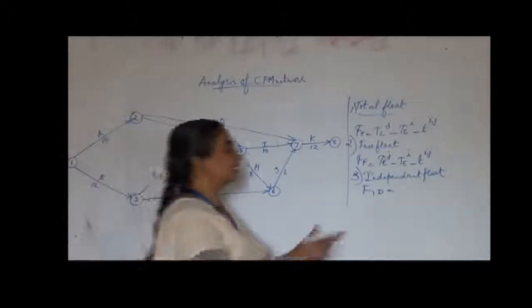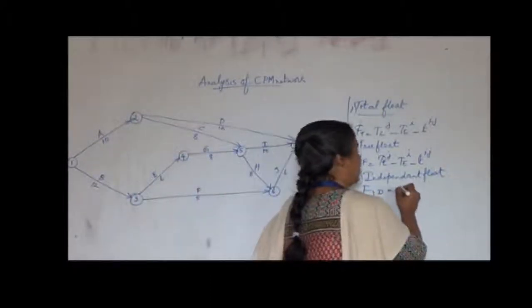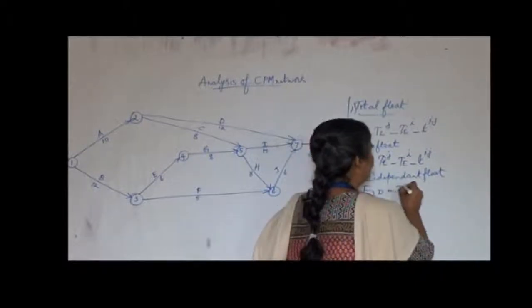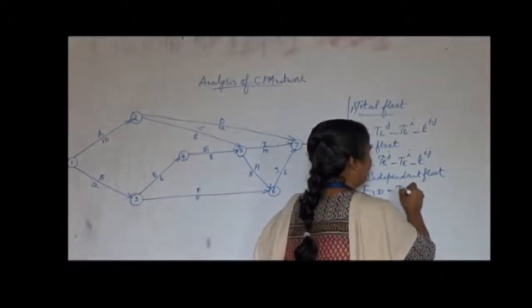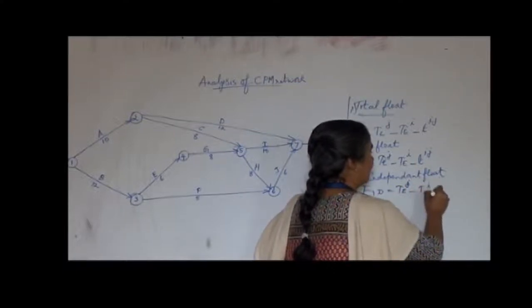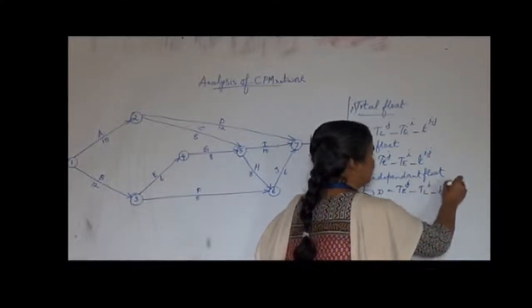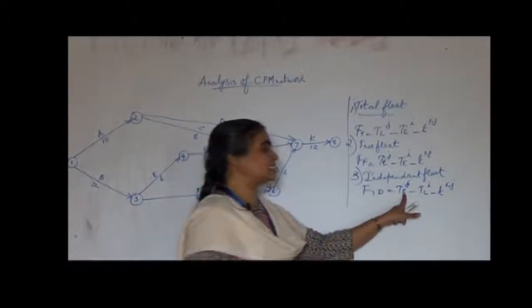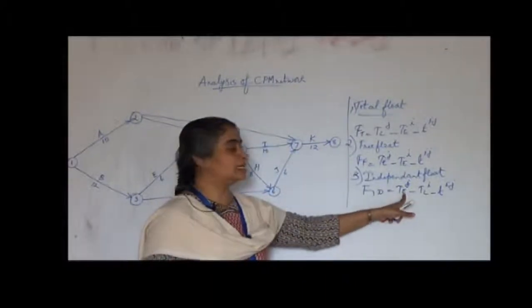So it is calculated by the formula TEJ minus TLI minus tij. TEJ is the early start time of the successor event.